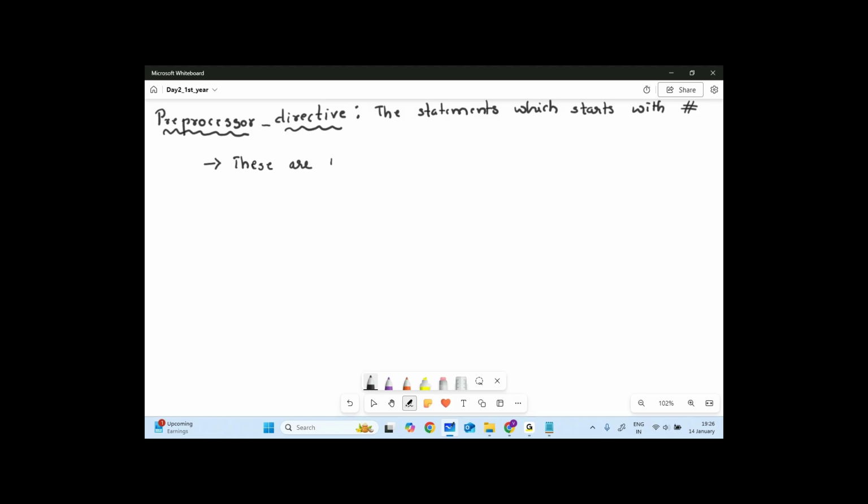These are instructions to the compiler. And next, these are executed during compile time.